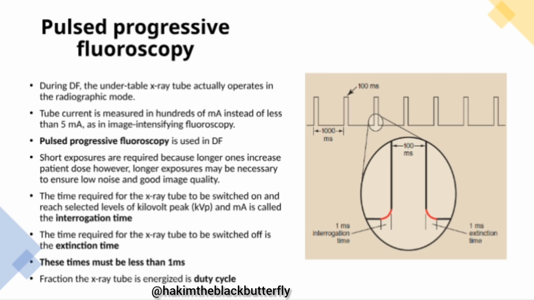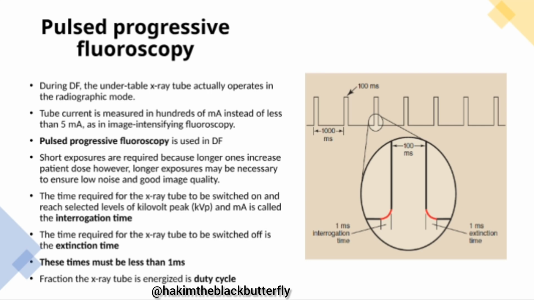So I've talked about continuous fluoroscopy, whereby the beam is on throughout from the start of the exam to the end. But when it comes to digital fluoroscopy, in most cases it is operated in pulsed mode. So pulsed means like the way we had pulsed ultrasound. It means that the beam is not on throughout. It is on when required and then off.